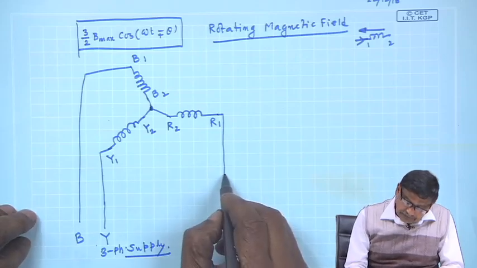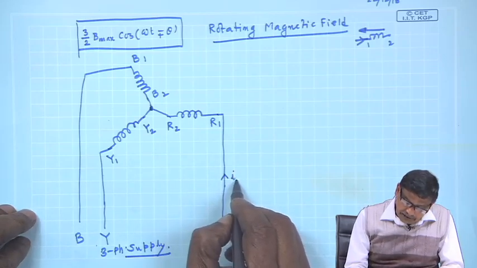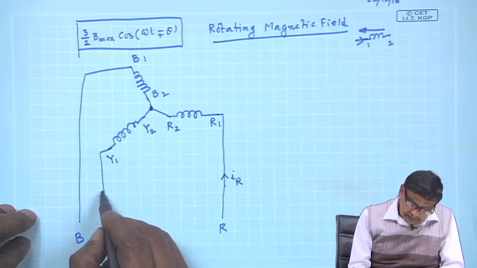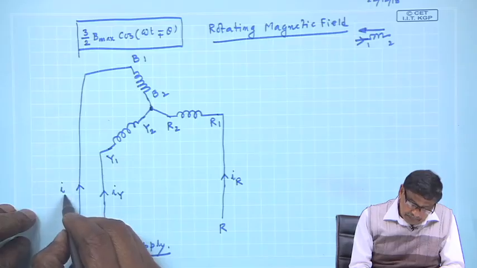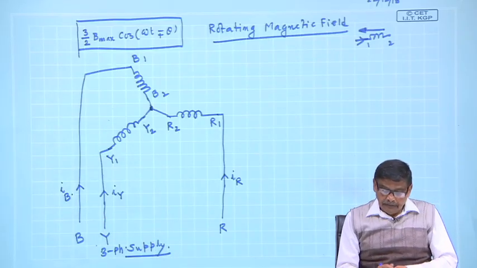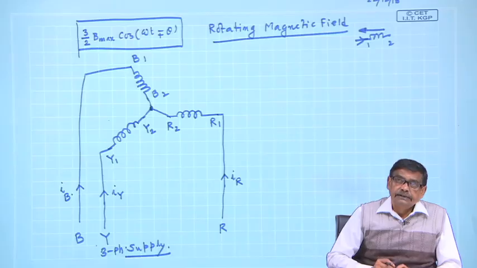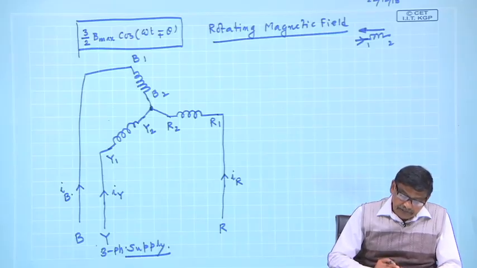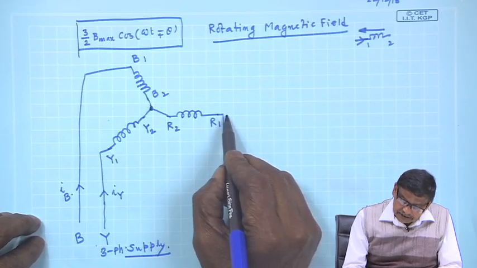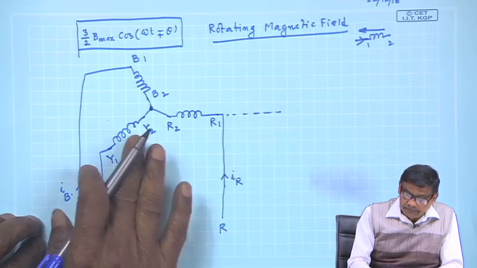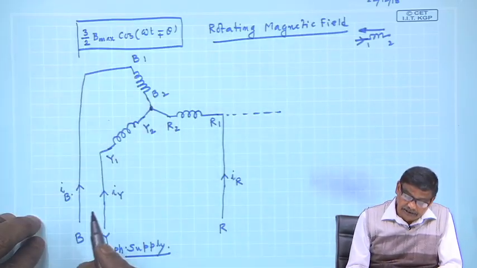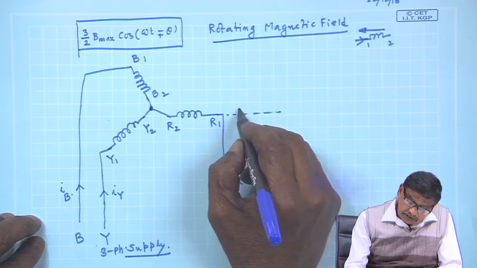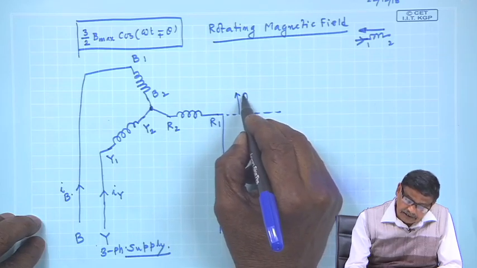Now, these currents will all be time varying currents, I R, I Y and I B. First thing is, suppose I start measuring theta from the axis of R 1, R 2, with theta measured positive in this direction.